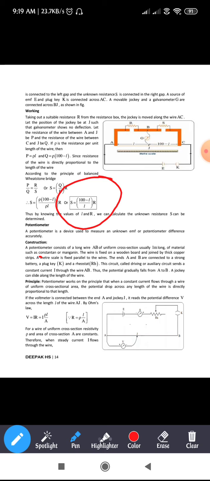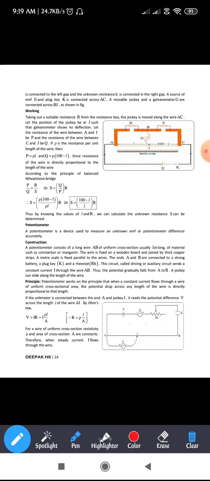Once you do the experiment, you will come to know. We are going to take an average, that means we are going to take 3 to 4 values, so that the average value is considered as the value of the unknown resistor. This is how, by making use of the meter bridge, we calculate the value of an unknown resistor.